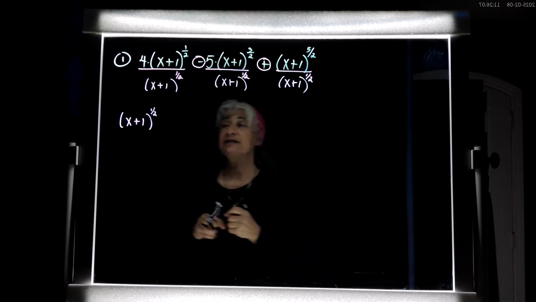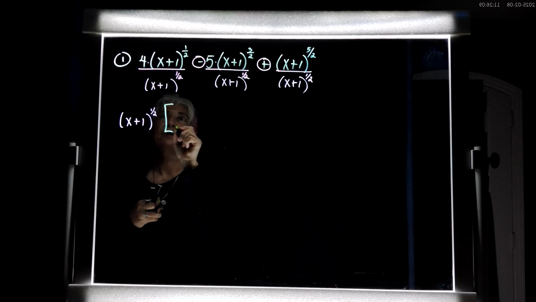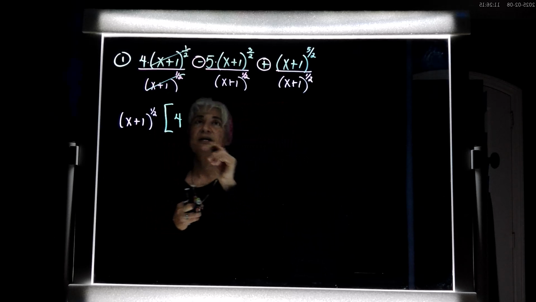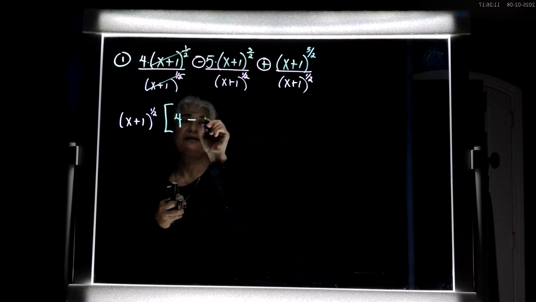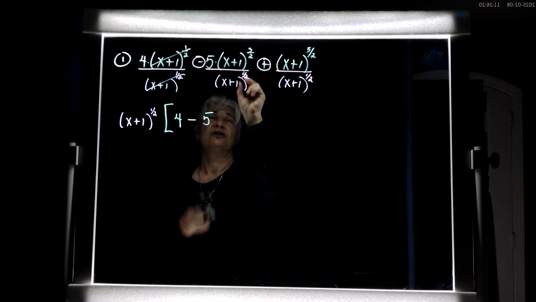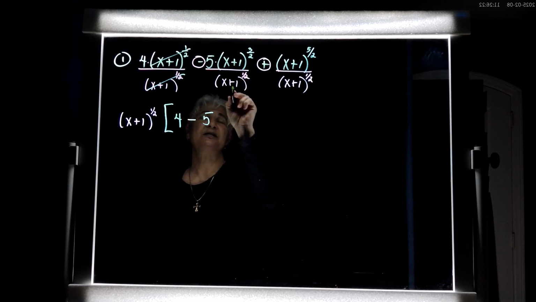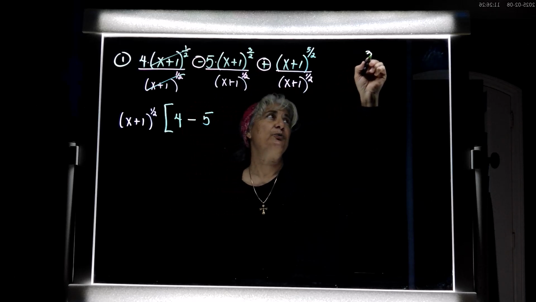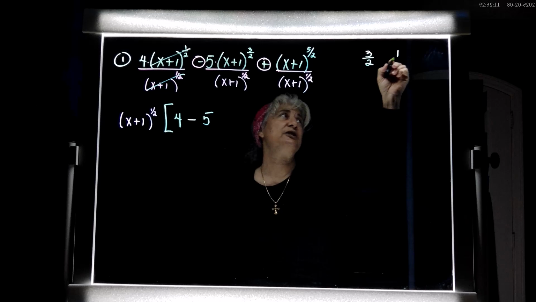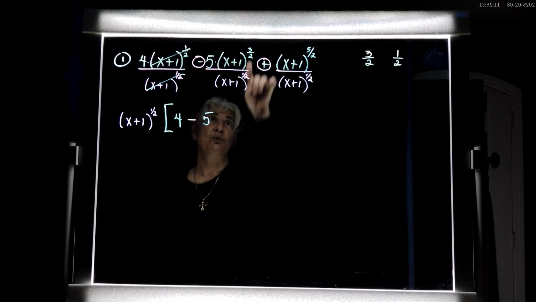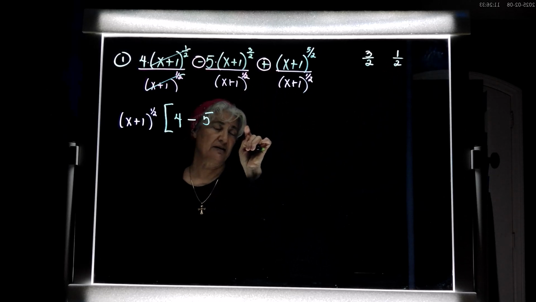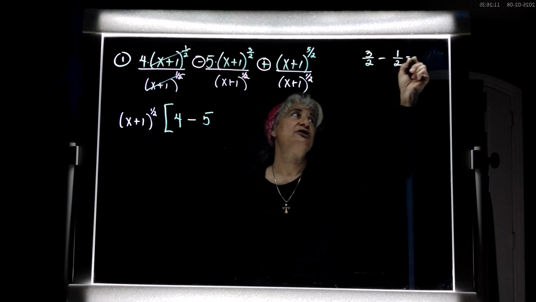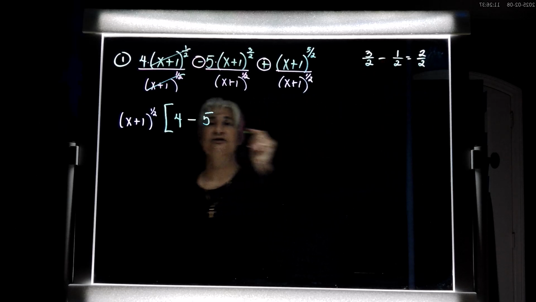Let's see what remains. So I definitely have a 4 here. And these guys are going to completely drop out, aren't they? Second, after the minus sign, we have the 5. The base is x plus 1, and I'm dividing. So remember, the numerator power is 3/2. The denominator's power is 1/2. What do you do between them when you divide? You subtract, which gives 2/2, it's just a 1.